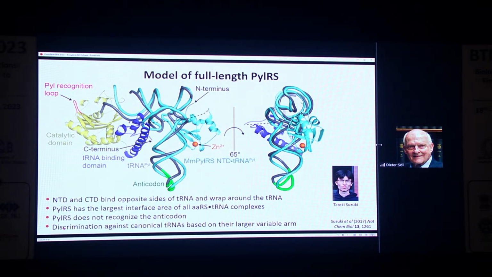And lastly, the discrimination against the canonical tRNAs is based on their larger variable arm. I'll show you in the subsequent slides that tRNA Pyl has only an exceedingly small extra arm, and the canonical tRNAs have one or two bases more, and this is the basis for this discrimination, as Tateki showed.